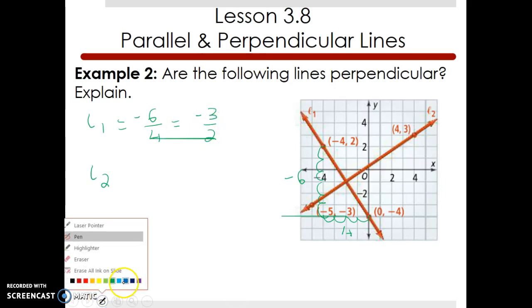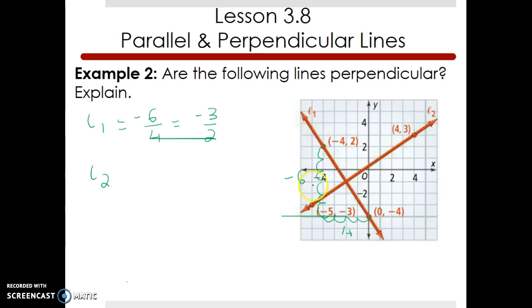And we'll do our next line. So let's do line 2. 1, 2, 3, 4, 5, 6, 6 up, and 1, 2, 3, 4, 5, 6, 7, 8, 9. 9 over. And they're both going in positive directions, so 6 over 9, which simplifies to 2 over 3.